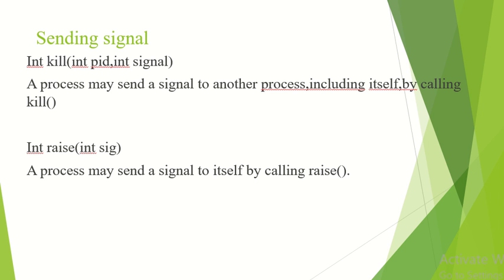First, int kill contains two parameters: pid, the process ID of the particular process, and int signo, the signal which we want to send.